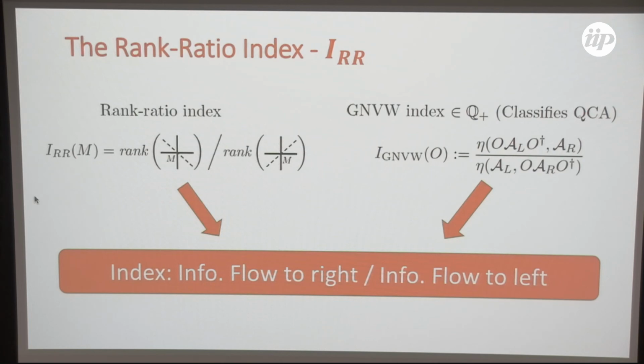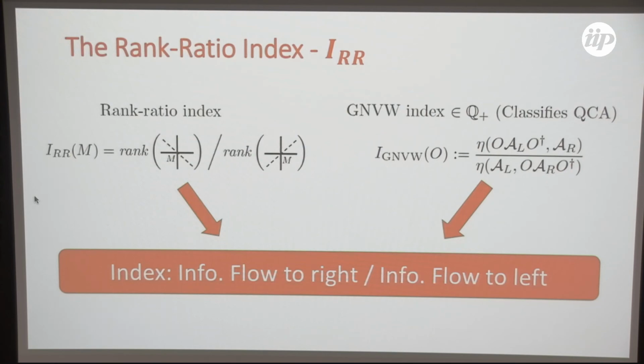They evolve the algebra of operators supported on two sides by this quantum cellular automaton, this unitary operator O, and then they have algebra of operators supported on the left and also on the right. And what they do is that they evolve the left part of it, and now this spreads. So some of it overlaps with the right part, versus they evolve the right part, and some of it actually spreads to the left.